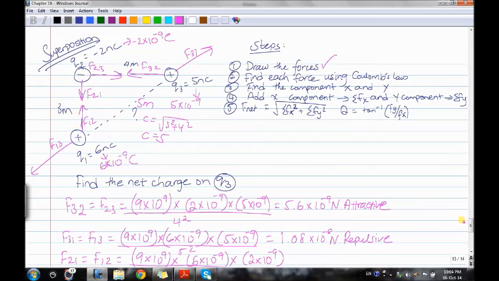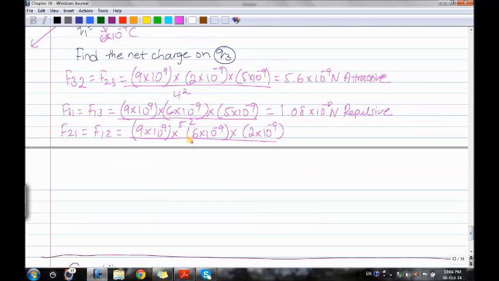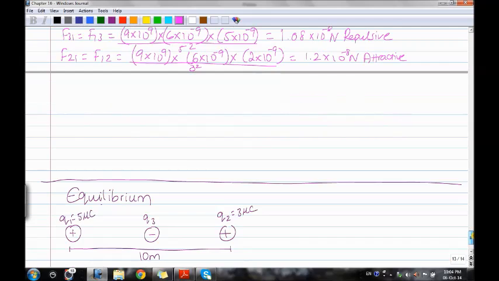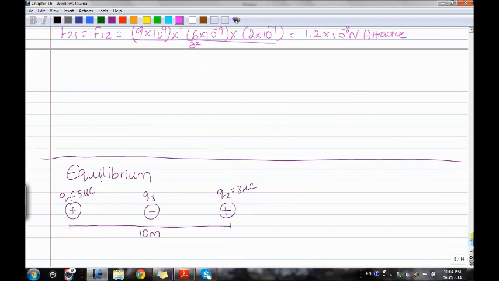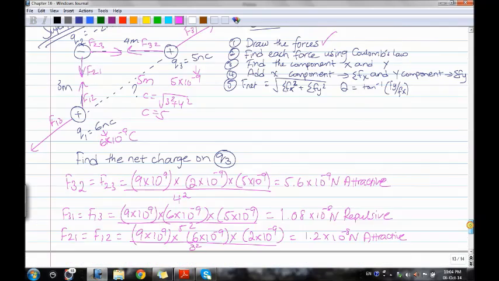So it's going to be 3 squared. So the answer would be 1.2 times 10 to the power of negative 8 Newton, and it's attractive because they are unlike charges. So this is the second step, so we are done with the second step.